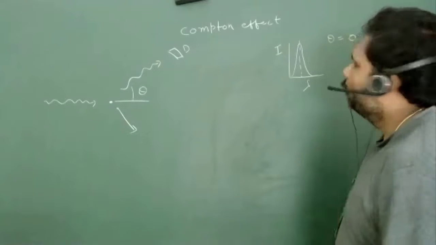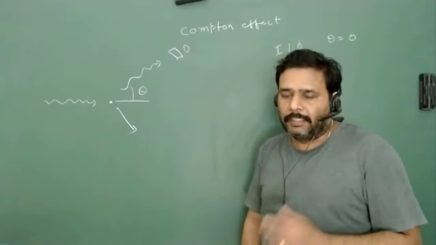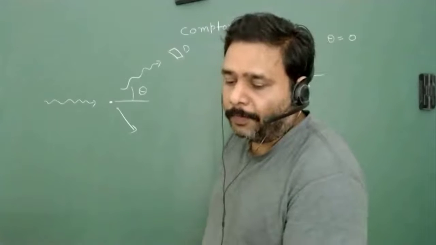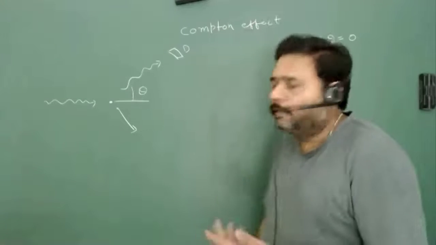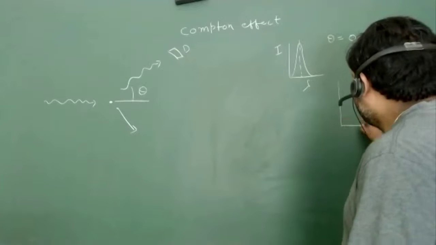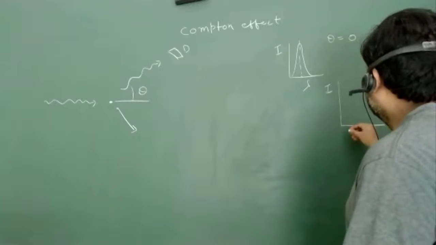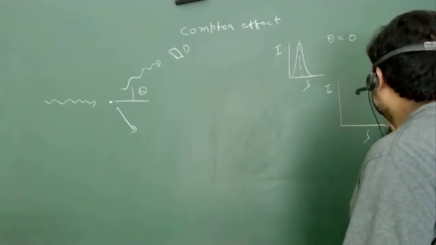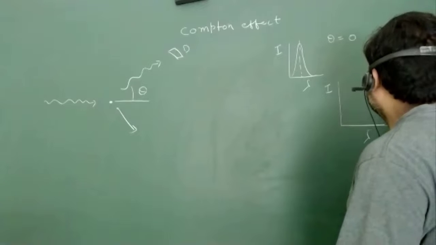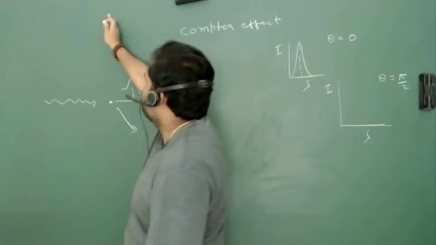Now suppose we change theta from 0 to, let's say, pi by 2. Again we plot intensity versus lambda. What does that mean? The detector will be just here.